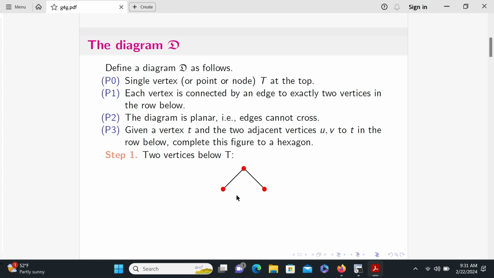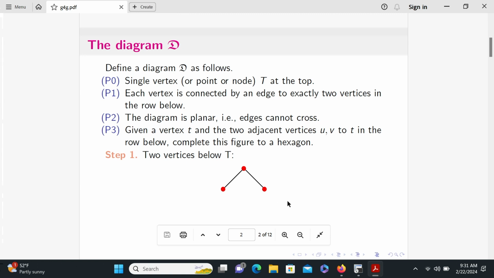And finally, if we have a configuration like this, a vertex with two below it, this figure has to complete to a hexagon. We have to put one vertex down here, one down here, and another one below both of those.